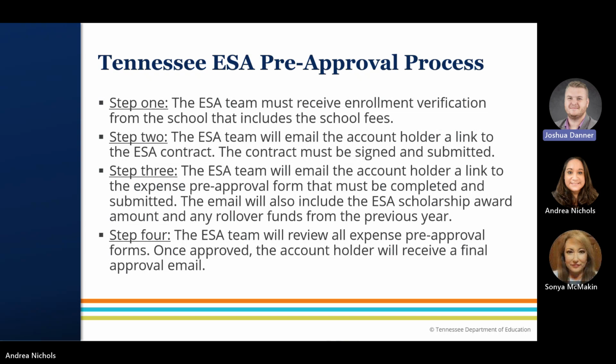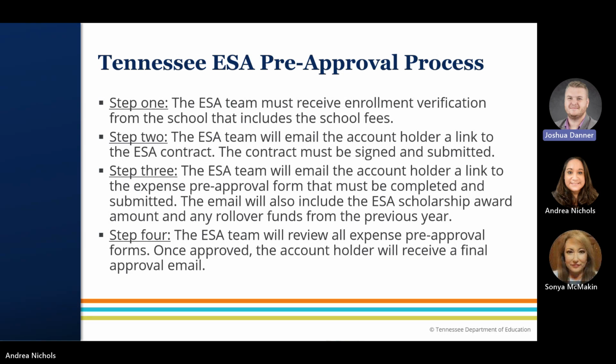Now, let's take a look at the ESA pre-approval process. Step 1. First, the ESA team must receive enrollment verification from the school that includes the school fees. Step 2. Next, the ESA team will email the account holder a link to the ESA contract. The contract must be signed and submitted before moving forward with the ESA. Step 3.